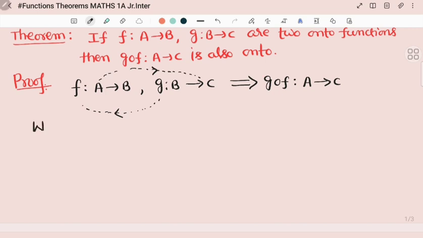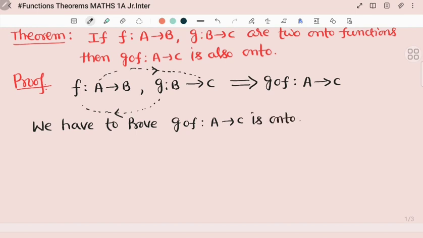We have to prove g circle f from A to C is onto.